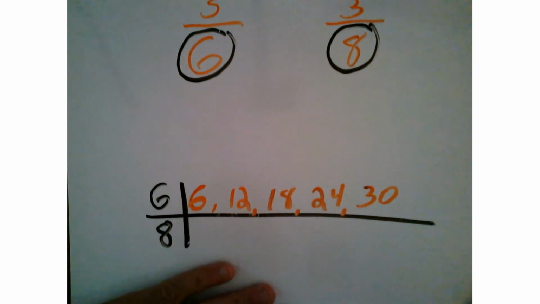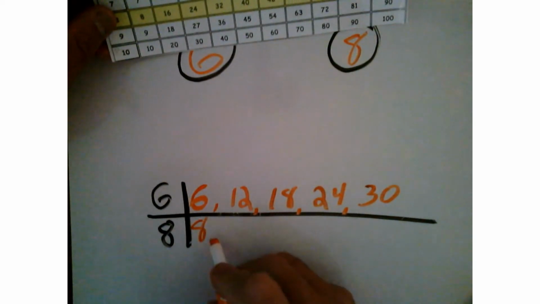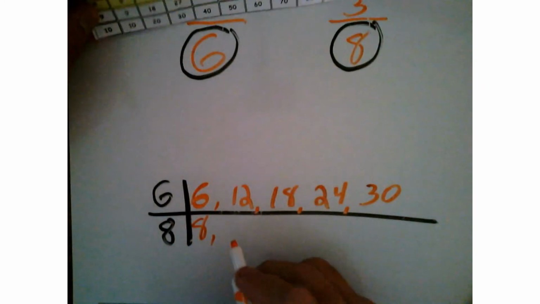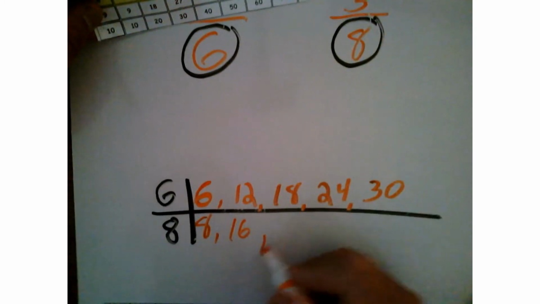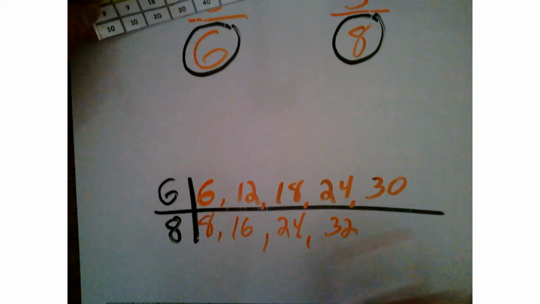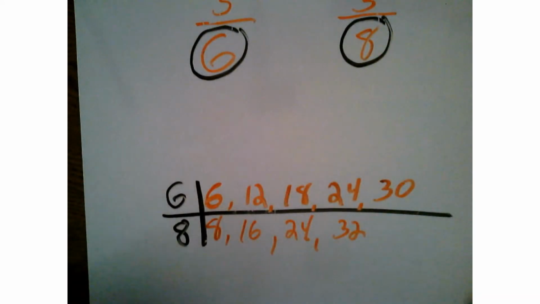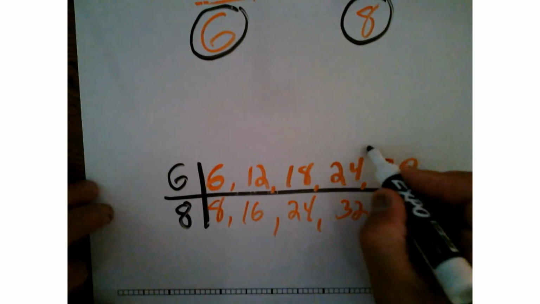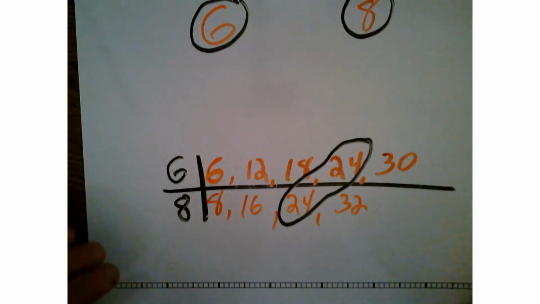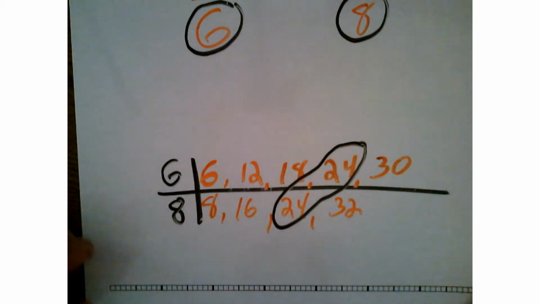Let me show you what I mean by matches. I'm going to go to my 8s. So 8 times 1, I can just do 8, 16, 24, 32, and I'm going to stop because I noticed something. I noticed that they both have this number 24 in common. That's what I'm looking for. That's what the C in common means.